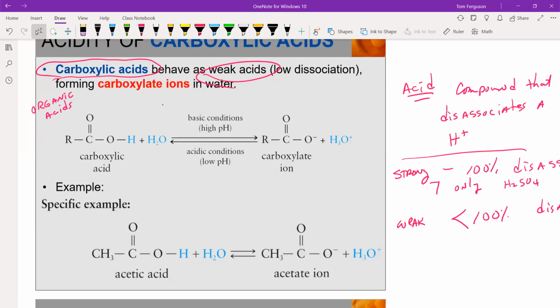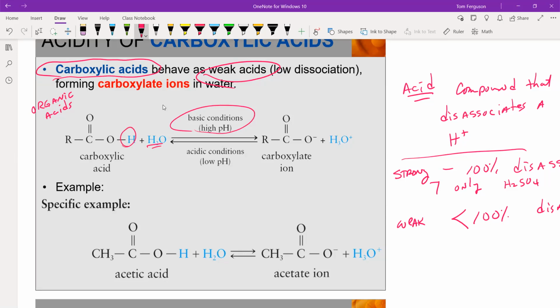Okay, we're getting back to this here. So in a high pH environment, alkaline conditions or basic conditions, the hydrogen that's going to dissociate is going to be grabbed by the water.